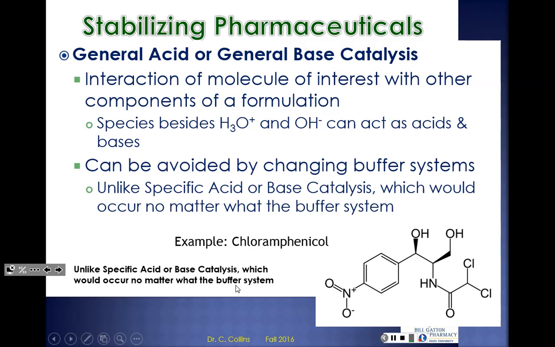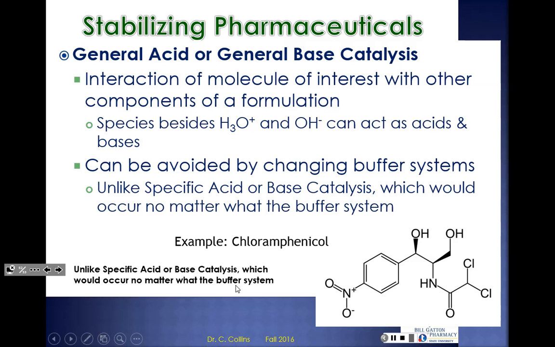Whereas in a specific acid-base catalysis, it doesn't matter what the components are, it's simply that pH that matters. So this is a little more preventable because I can simply change the excipient components and make them non-reactive species.